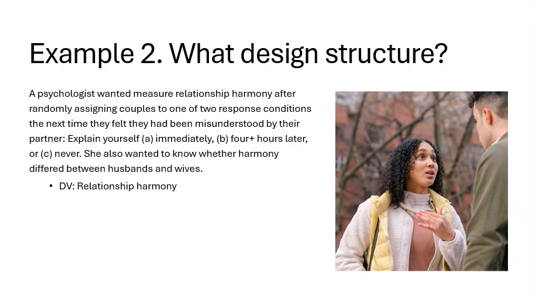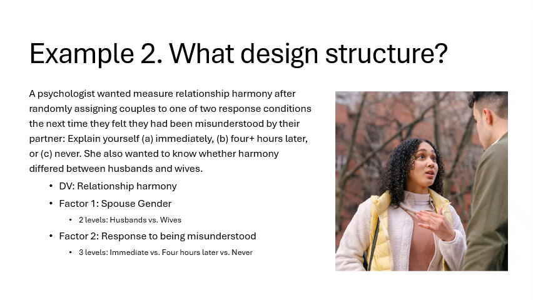And so we can think of our DV as relationship harmony. That's what we're measuring. Factor 1 is spouse gender with 2 levels, husbands versus wives. And factor 2 is the response to being misunderstood with 3 levels, immediately versus 4 hours later versus never.